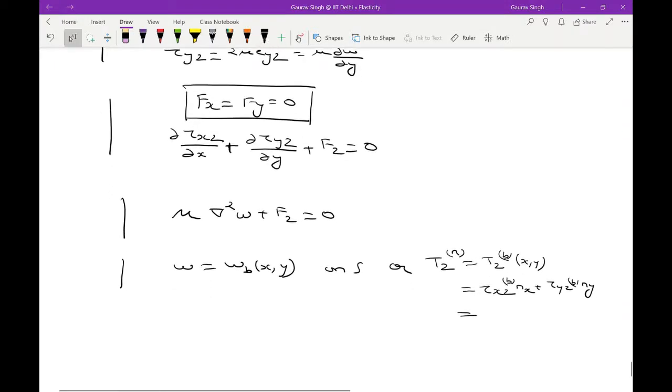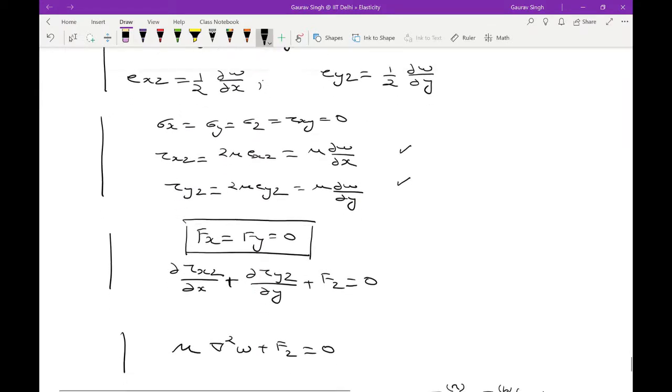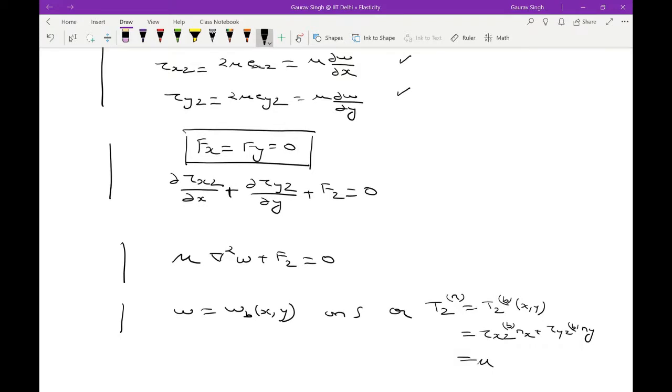This is the stress traction relation, and if you substitute tau_xz and tau_yz from over here, you can write it as mu into dou w by dou x n_x plus dou w by dou y n_y on S. So this is all on the boundary.